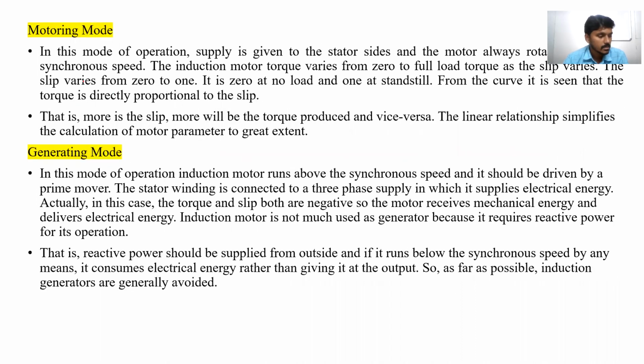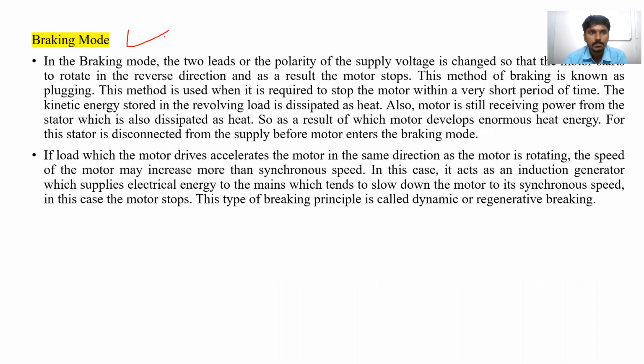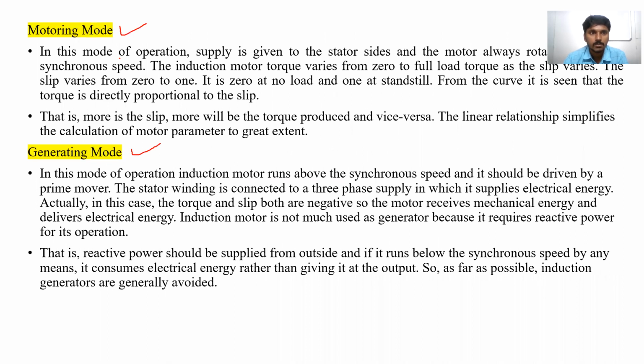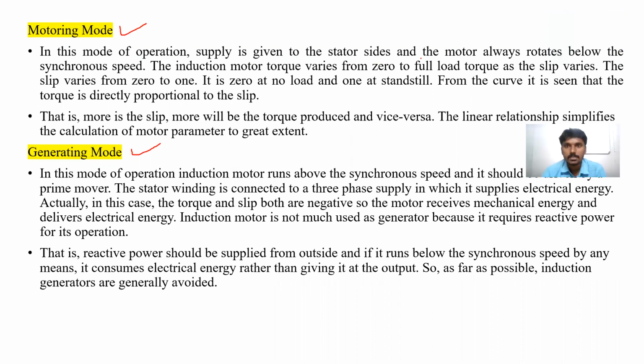Generally, the induction machine will operate in three modes: motoring mode, generating mode, and braking mode. Clear? In motoring mode, the supply is given to the stator side, and the motor always rotates below the synchronous speed.